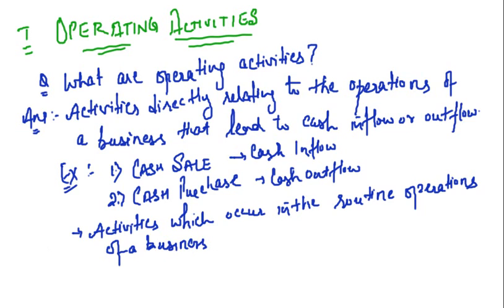Right? Activities which occur in the routine operations of a business are the operating activities. Routine operations which are related to the business, right? Activities directly relating to the routine operations of a business that lead to cash inflow or cash outflow are known as operating activities.